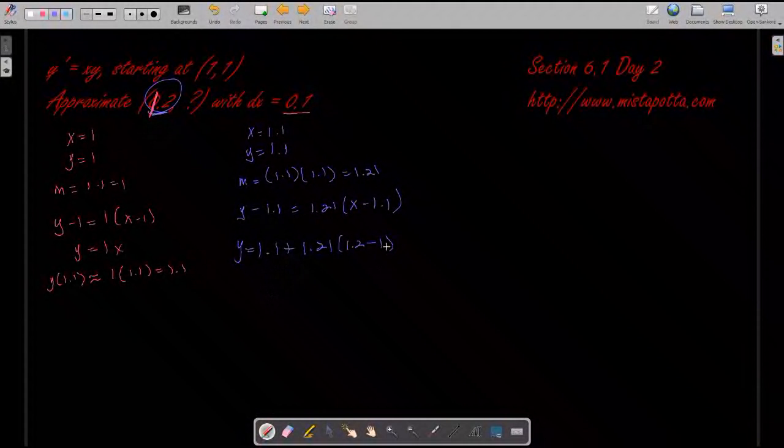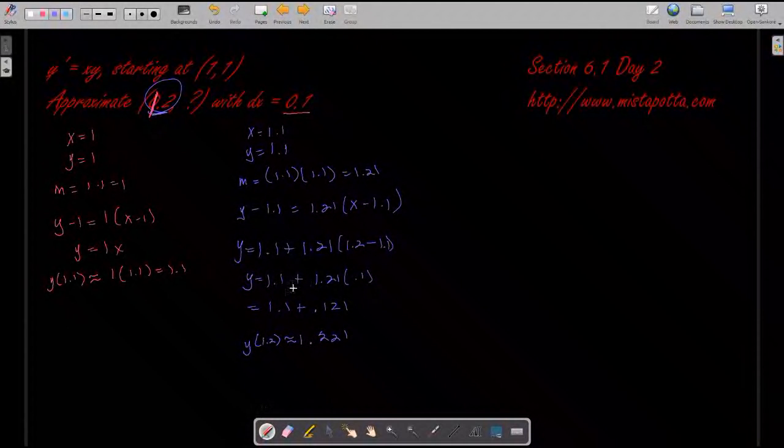So I've got y equals 1.1 plus 1.21 times 0.1, or 1.1 plus 0.121, or 1.221. This is my approximation of y of 1.2 at this particular value.